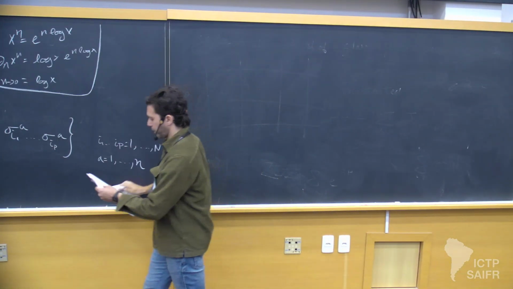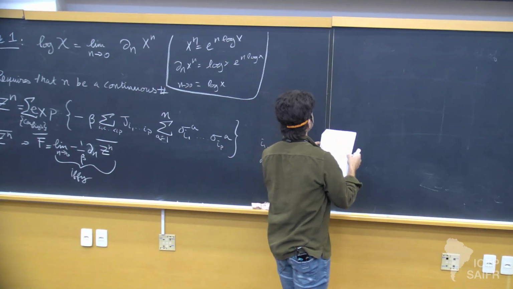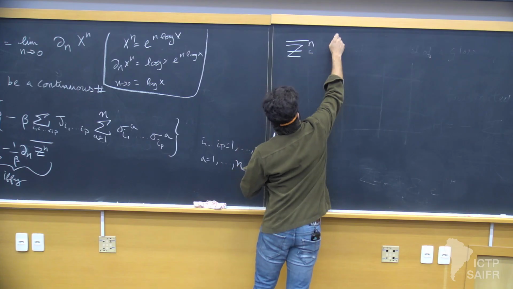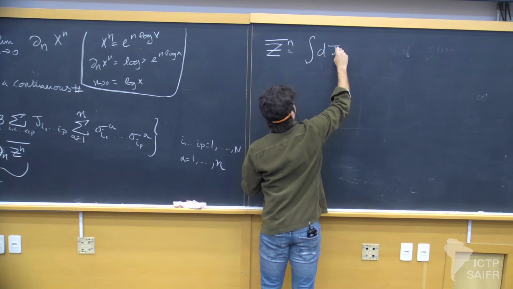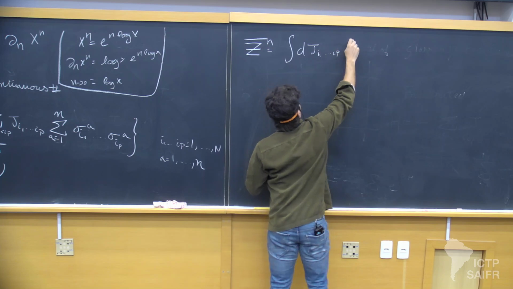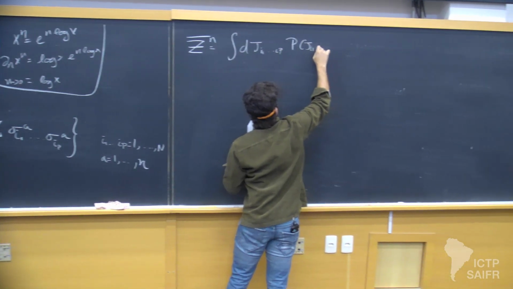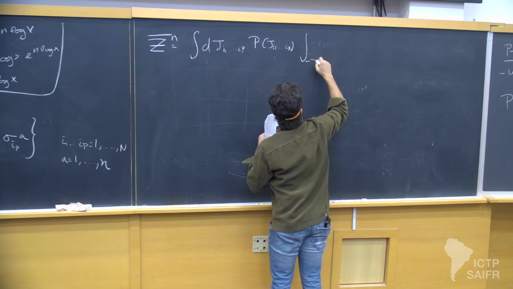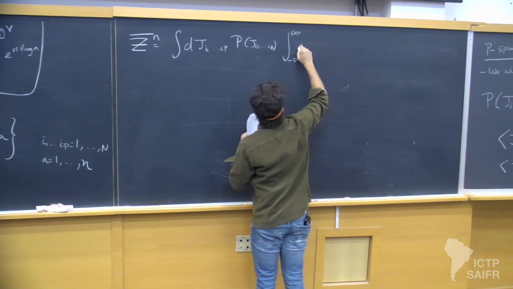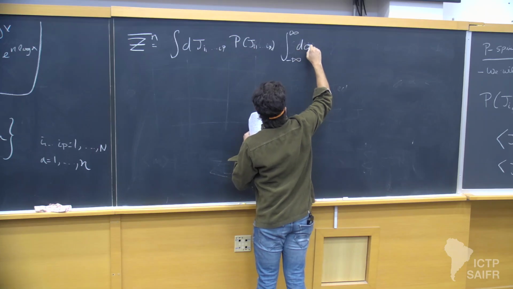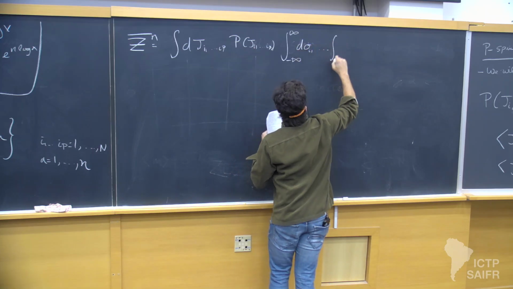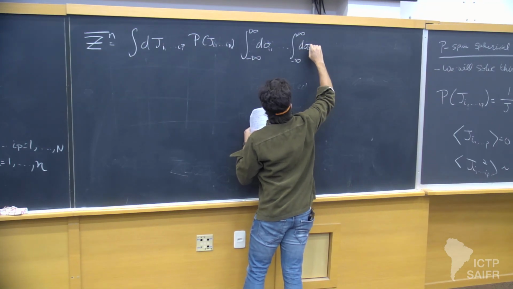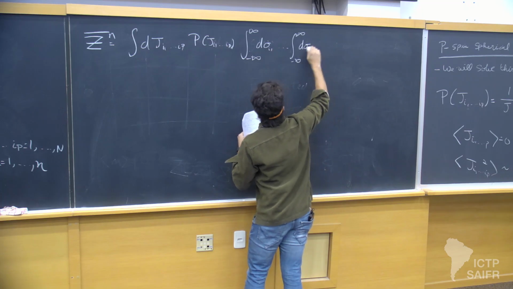Okay, so just as before, let's compute. So what's z bar to the n? Well, this is the integral over all of the couplings, p of j, times the integral, minus infinity to infinity, of d sigma I1, minus infinity to infinity, d sigma I n, or sorry, d sigma n, d sigma 1.